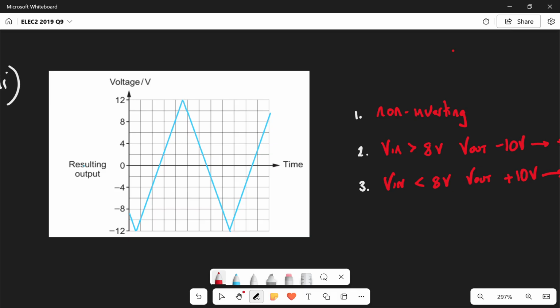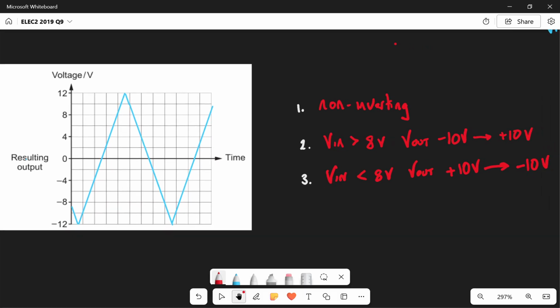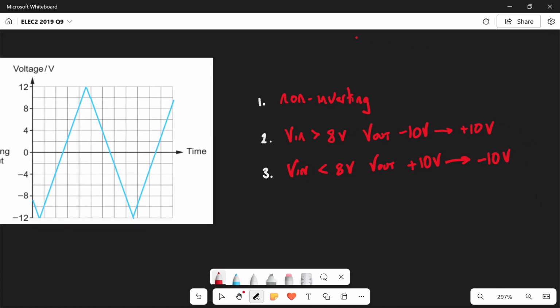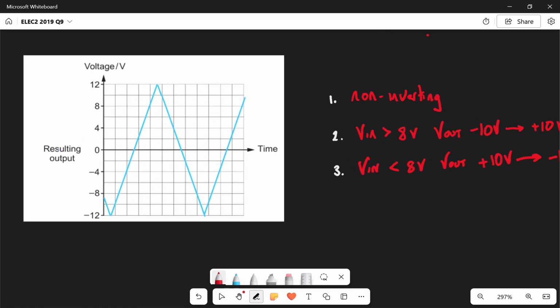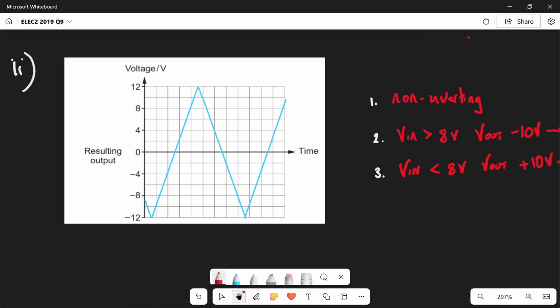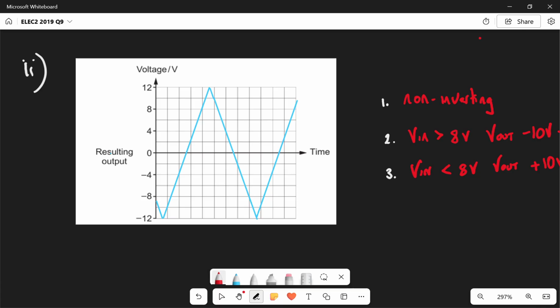You go to your lower switching value to switch it from your higher to your lower output value. And we know that when Vin is bigger than 8 volts, Vout goes from minus 10 to plus 10 volts. And when Vin is less than minus 8 volts, Vout goes from plus 10 volts to minus 10 volts. And that's because of the non-inverting nature. And we've got to get those 10 volts the right way around, minus 10 to plus 10 or vice versa.